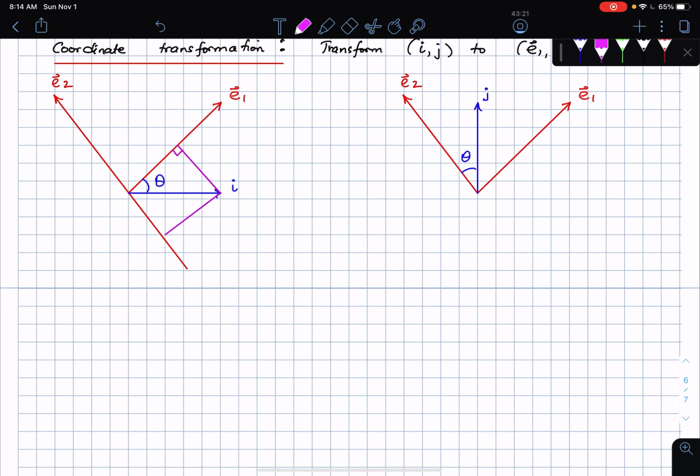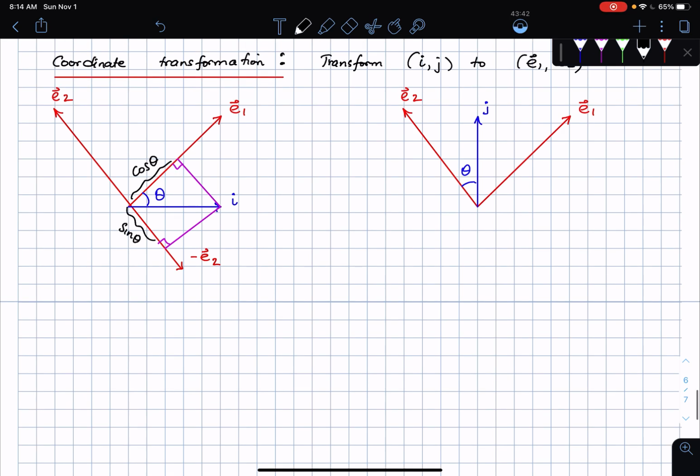So this is perpendicular, this is perpendicular, that's good enough for me there. Then this is the negative E2 direction, as you know. And the distances I have here are cosine theta, and then sine theta.